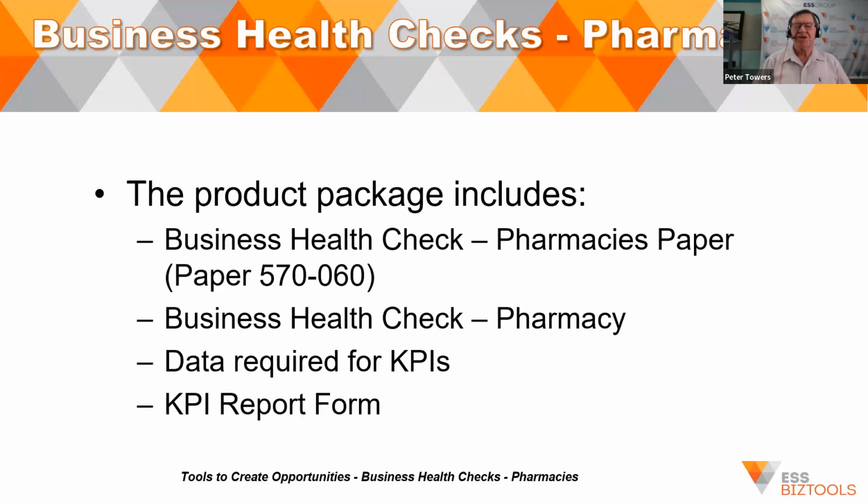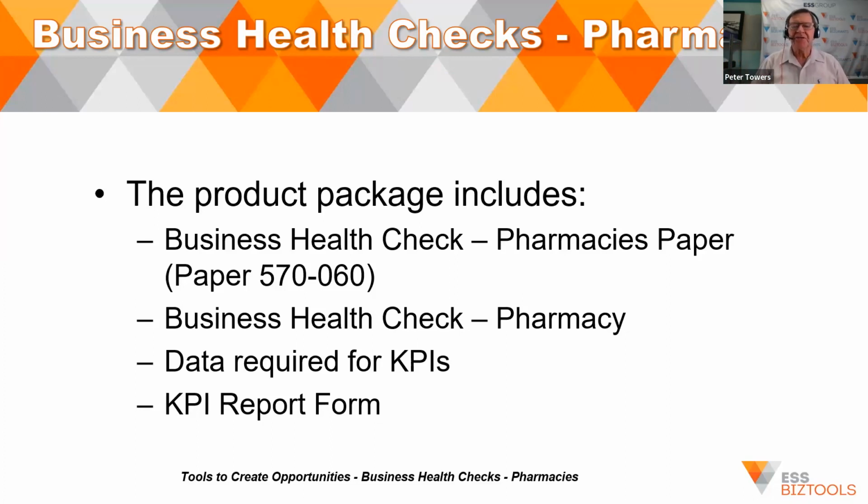And then I'm going to show you the key performance indicator report that we prepare, or the system prepares, so that you can analyze it or your client can analyze it and see what changes they might like to make.